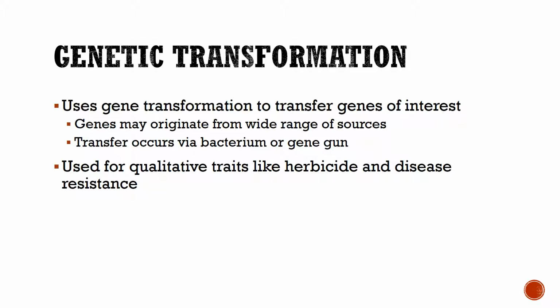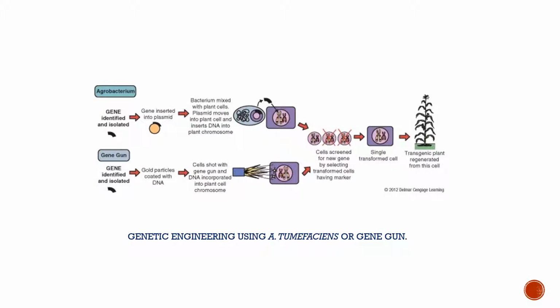When you're talking about the difference between gene transfer with a bacterium and a gene gun, we'll look at how we use both of those. With Agrobacterium, the bacterium, the gene is identified and isolated. Same thing with the gene gun. In the bacterium, the gene is just inserted into that cell, into that plasmid, and nothing is coating it or messing with it.